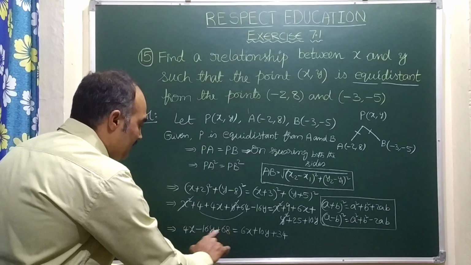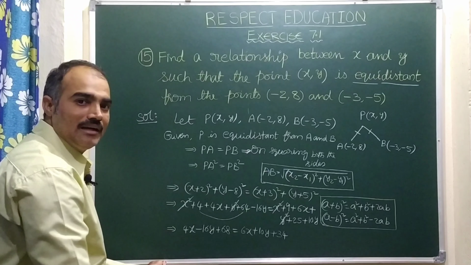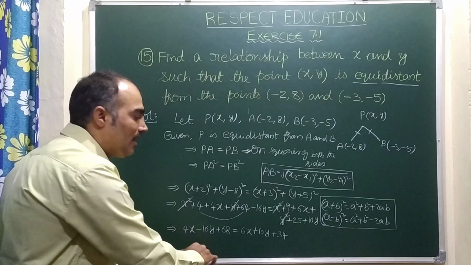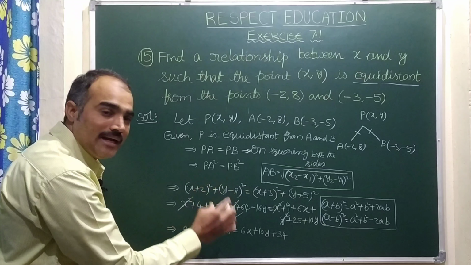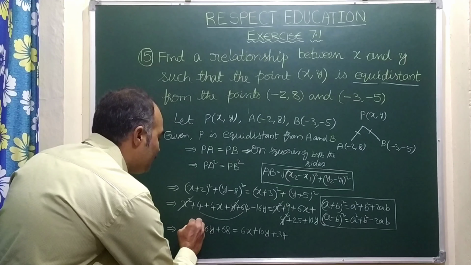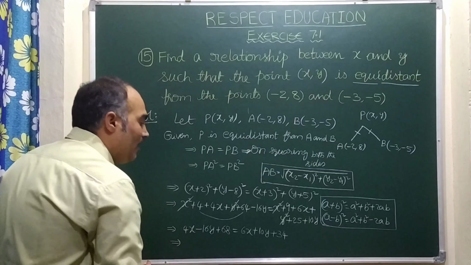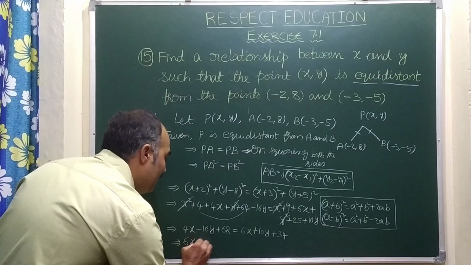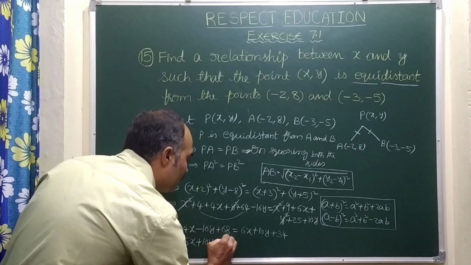If we simplify this, we will get the answer. Now here, compare the x coefficient: 6x is here, 4x is here. 6x is bigger. We need to carry the smaller value to the bigger side to get the answer in a positive term. So this 4x I am carrying to that side. Already 6x is there, so I am writing the 6x, next plus 10y plus 34.